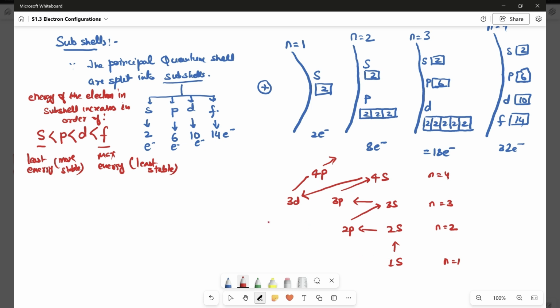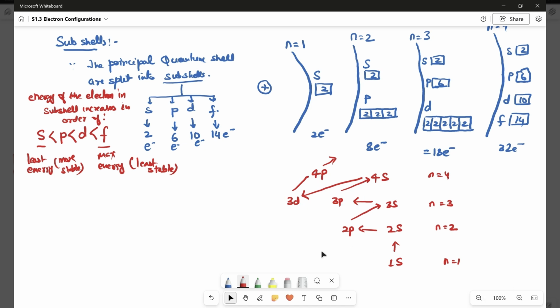So this is how the electrons go. If you have to write the electronic configuration, before that let's discuss orbitals in the next lesson. In the next lesson we will discuss orbitals and do the electronic configuration. So far we have understood what an energy level is, what subshells are, and how the electrons will go.